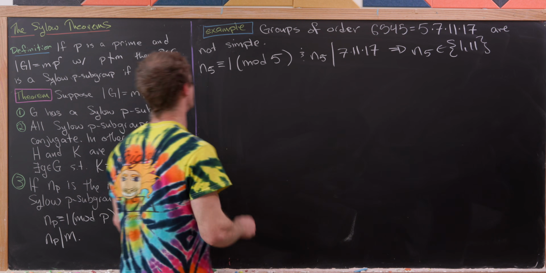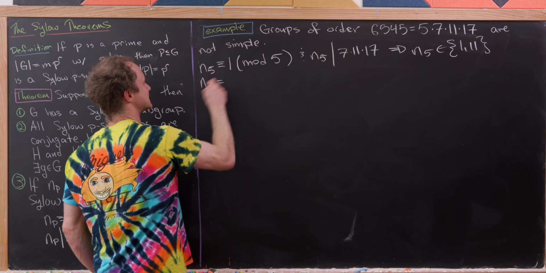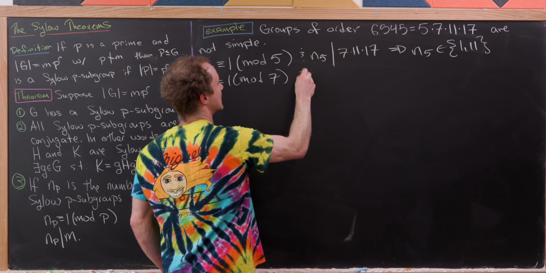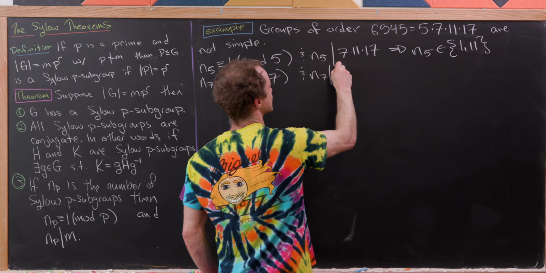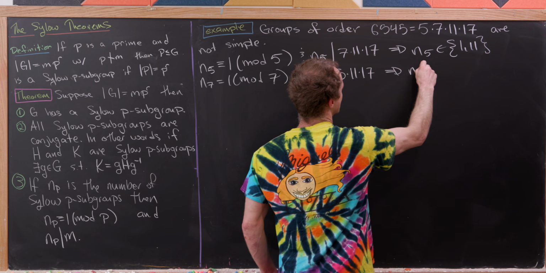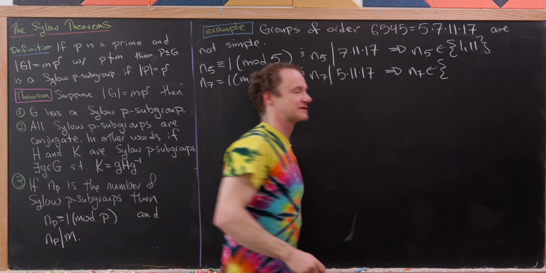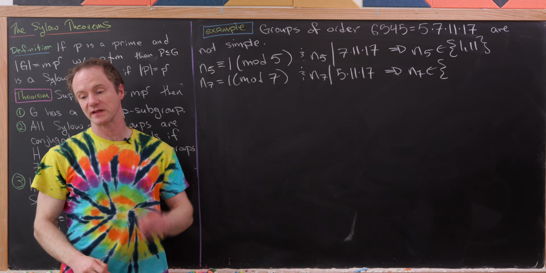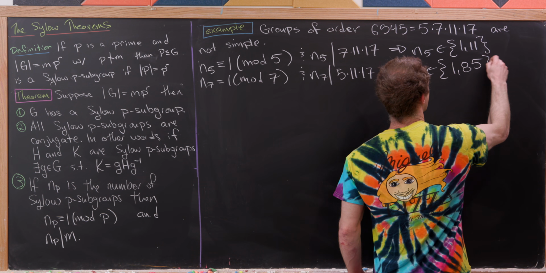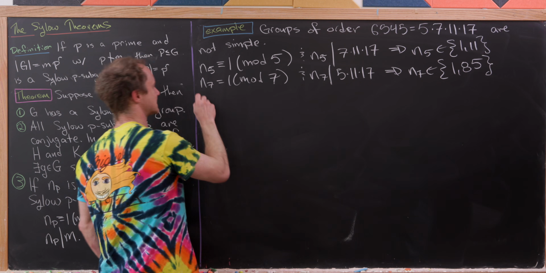11. So now moving on to N7, we know that N7 must be congruent to 1 mod 7, and N7 has to divide 5 times 11 times 17. But now putting all that together, that leaves us with, again, only 2 possibilities of N7, and in this case, it's 1 and 85. And then let's see, what's next?